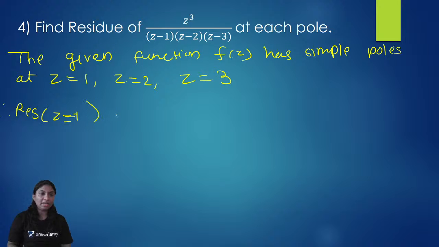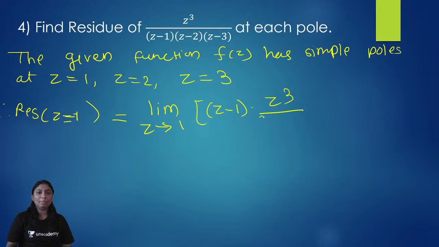What is our formula? Residue at z = 1 for a simple pole is the limit as z tends to a of (z minus a) into f(z). Here f(z) is z cube upon (z minus 1)(z minus 2)(z minus 3).